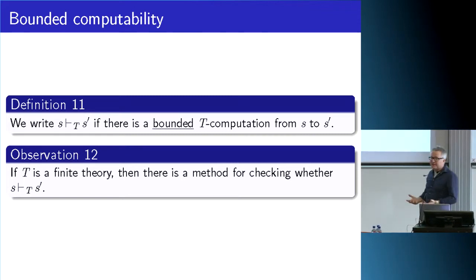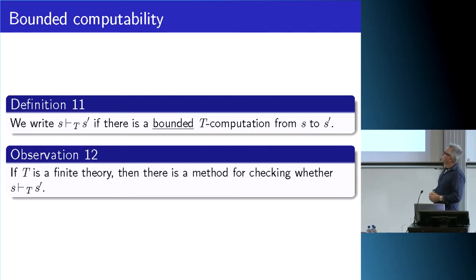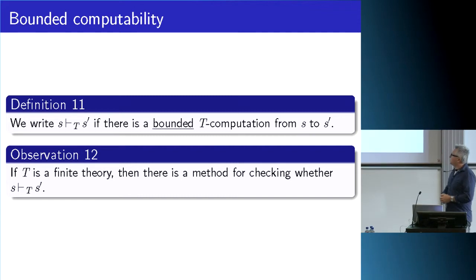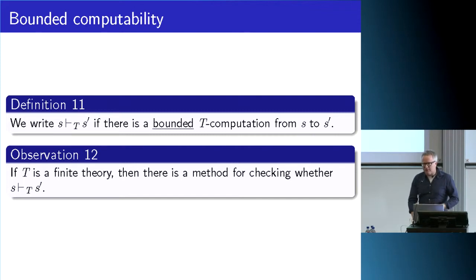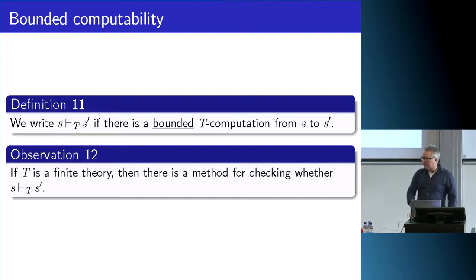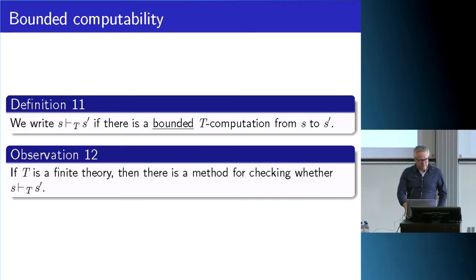If T is a finite theory, then there is a method for checking whether S prime follows from S, whether there is a derivation starting at S and ending at S prime. And that doesn't hold in general if we are looking at unbounded computations. So this is a big benefit that we get for free.